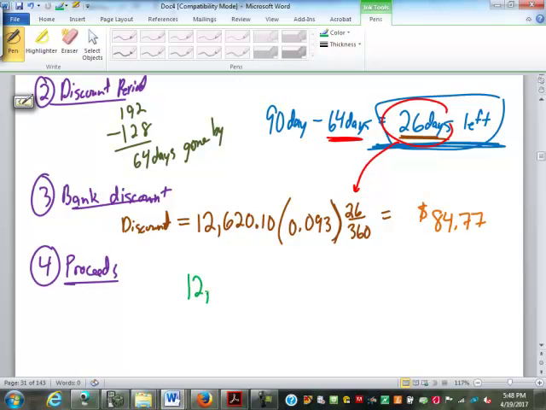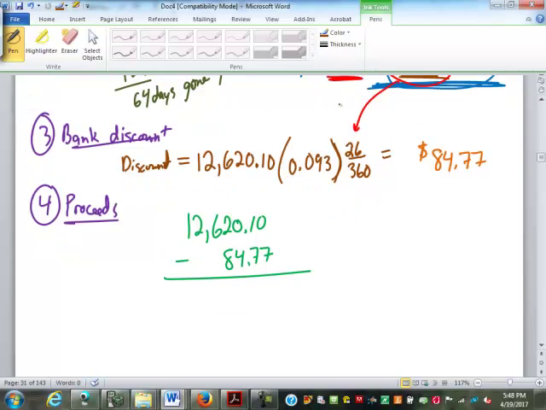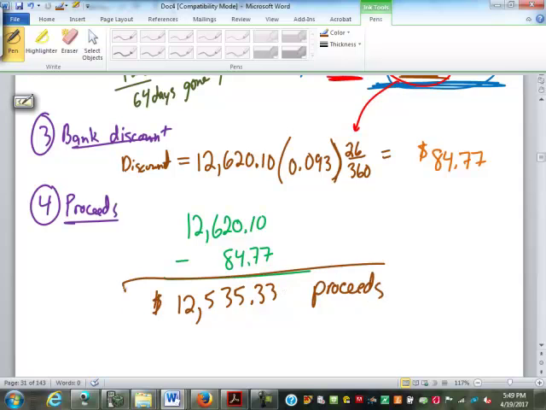So 12,620.1 minus 84.77 gives us $12,535.33 as the proceeds.